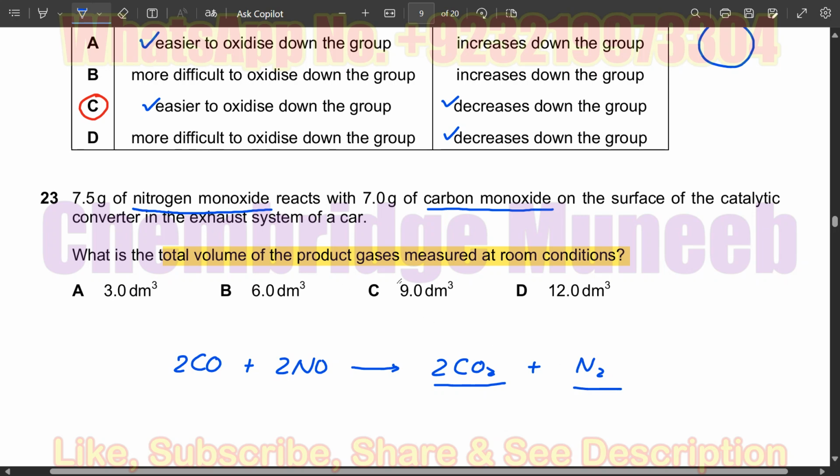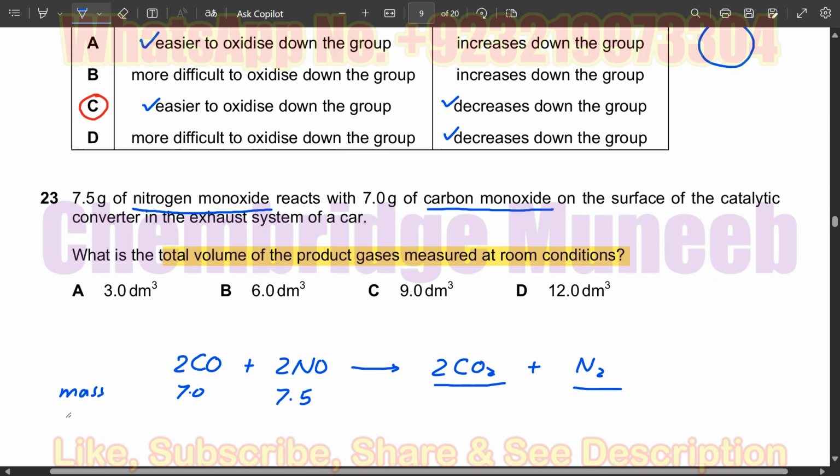Okay. Then next we will put the values here. We have 7.0 gram for CO. We have 7.5 gram of the NO. Then after that, we must convert them. The masses must be converted into moles.